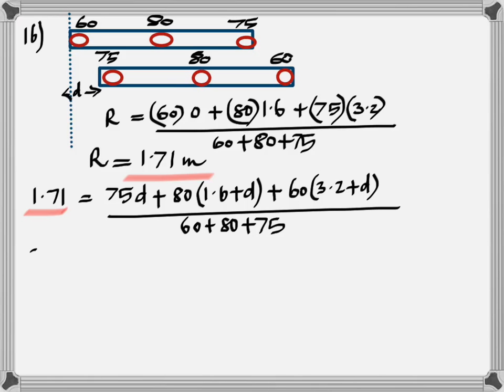So 75 times d. Just look at it carefully. You'll see it's 75 times d here, times 80, plus 80 times 1.6 plus d. So you just add the d to each distance because that's how much the boat has moved.